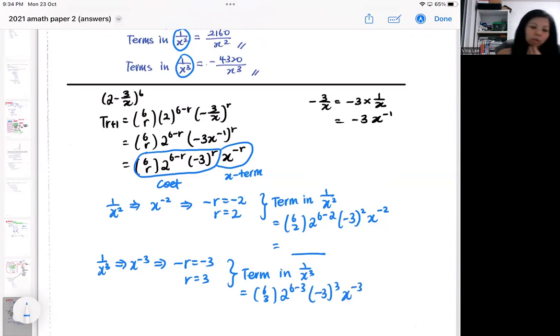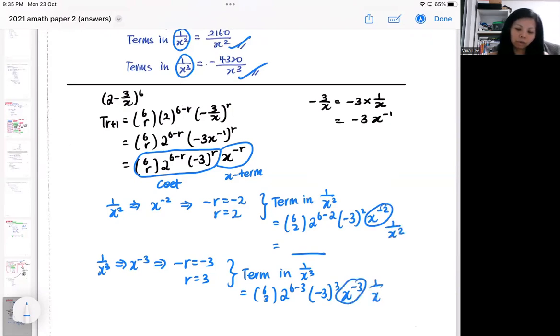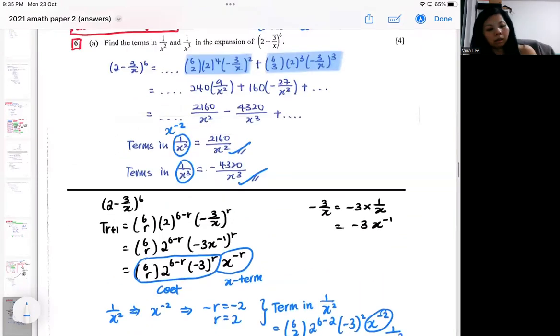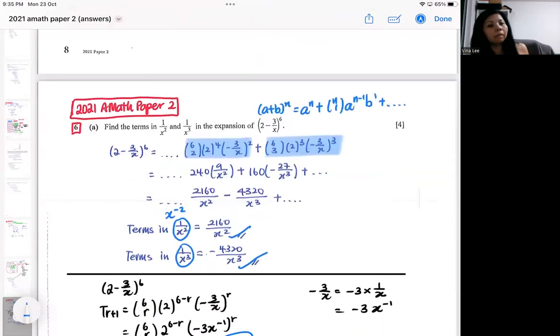You work it out, and you will get exactly the same answer. Just punch the calculator, change it to 1 over x squared, and change it to 1 over x cubed. You will get the same answer as the expansion method.